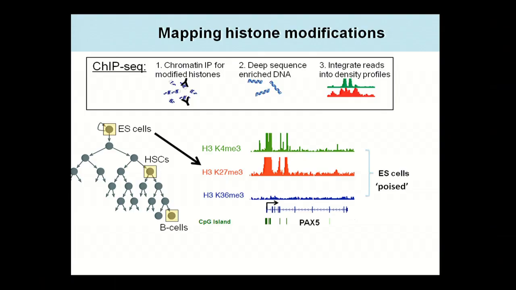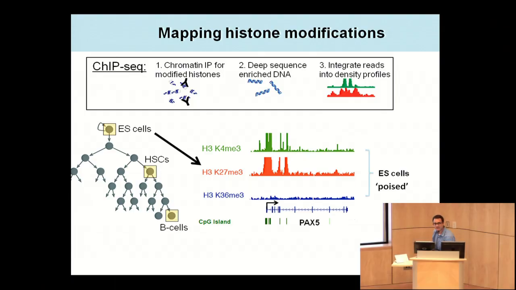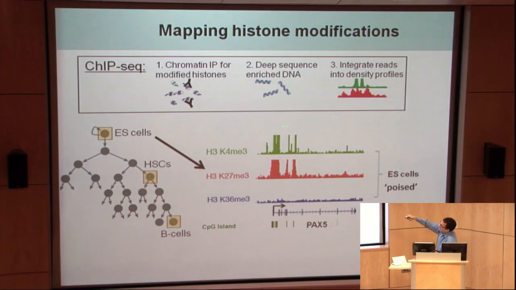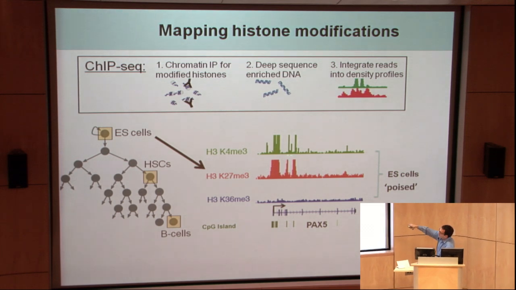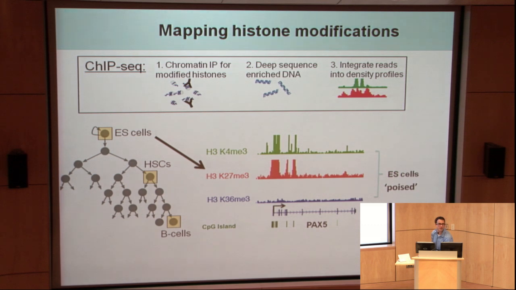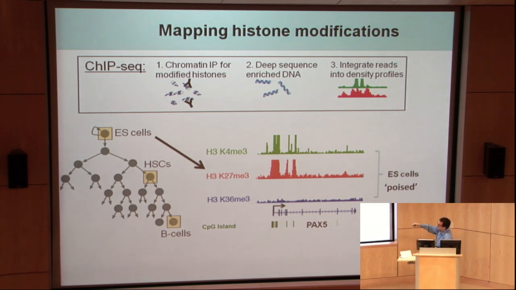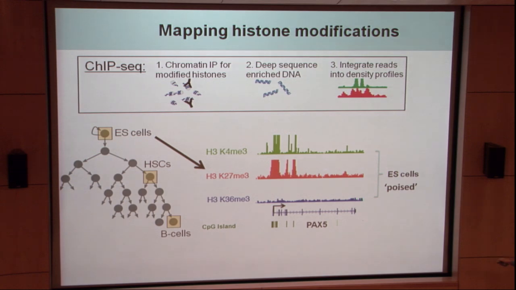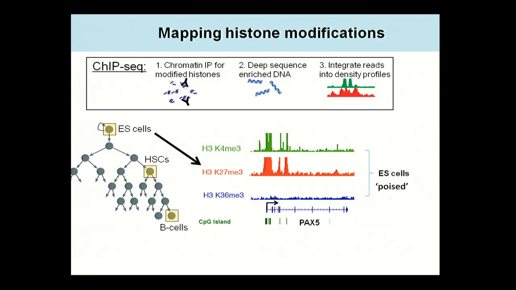In ES cells, like many other developmental genes, it has this very characteristic chromatin structure where you see that you not only enrich when you do an IP for K4 methylated histones, so this is the activating mark, but you also see enrichment when you do an IP for the lysine 27 methylated histones, which is more of a repressive mark. So this is sort of a bivalent, we call it, signature with these opposing activities, both repressive and active. The gene is actually off because you don't see any of this transcription mark, but we think it's poised. This is a characteristic signature that tells us in this given cell, this gene can come on later.